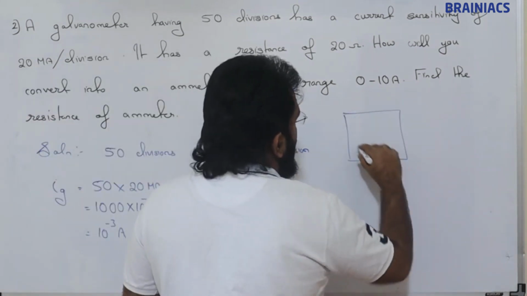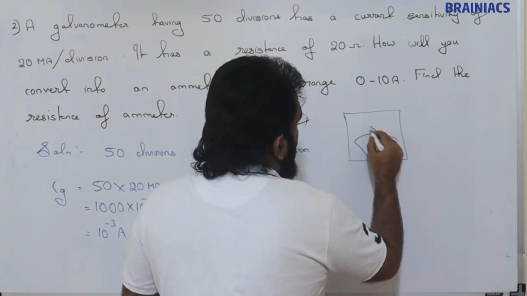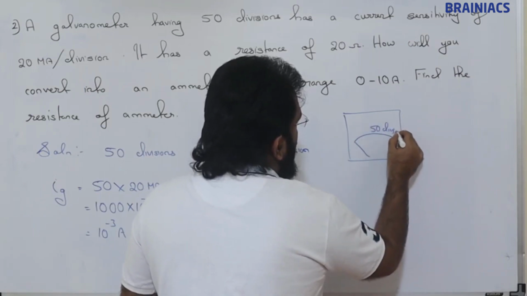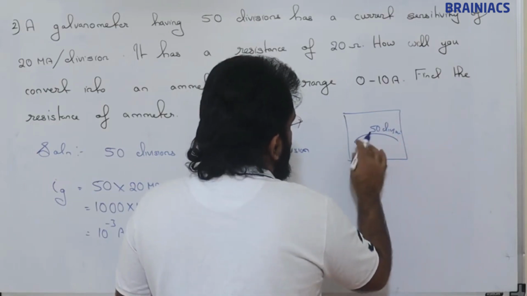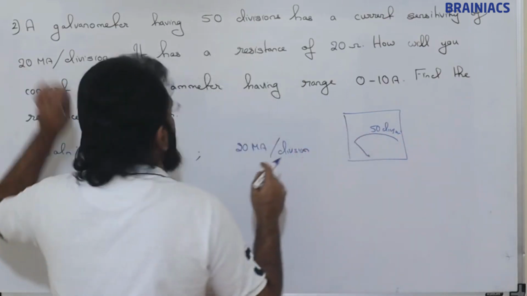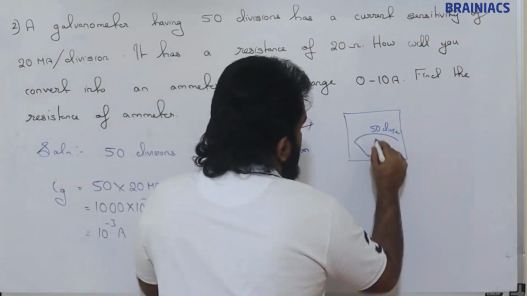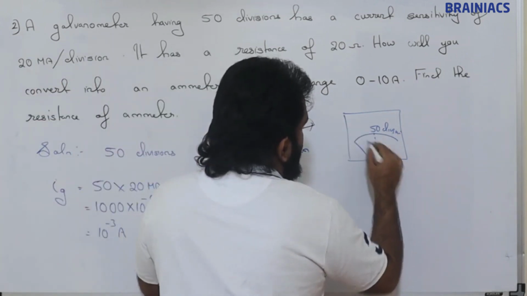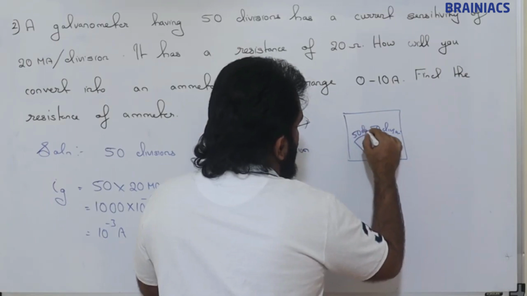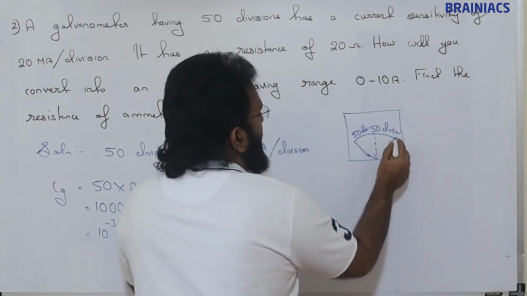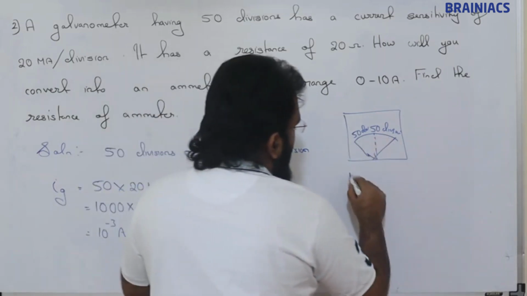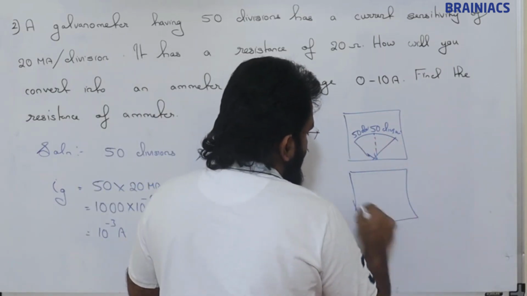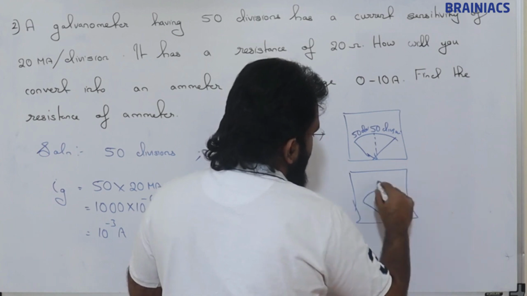50 divisions means each division is 20 microampere. Suppose the 50 divisions can be on this side, or on both sides if it is a galvanometer with two sides, or it can be in this form also, from here it is 50.